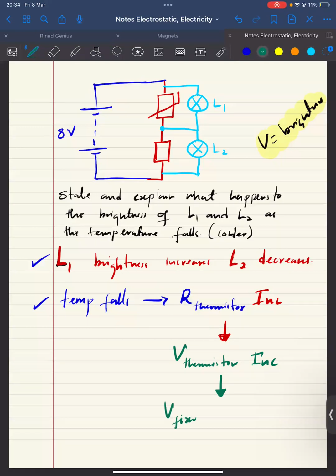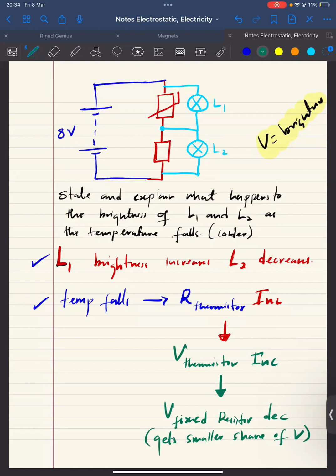Decreases. Now, a better way of saying it decreases is saying it gets a smaller share of the voltage.